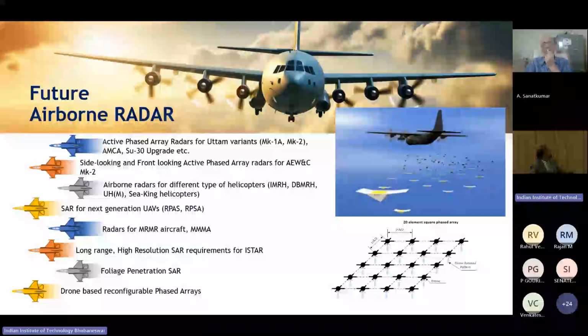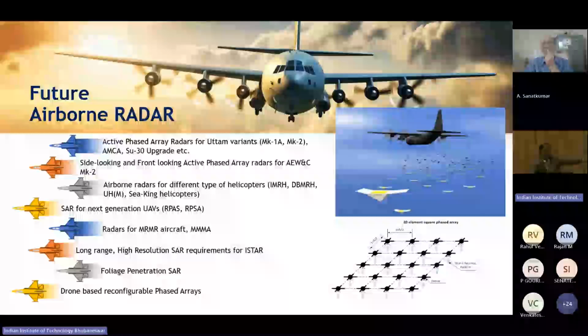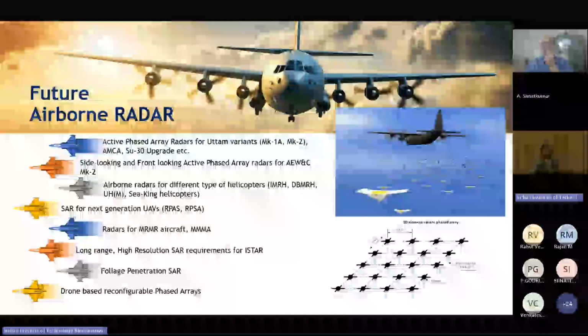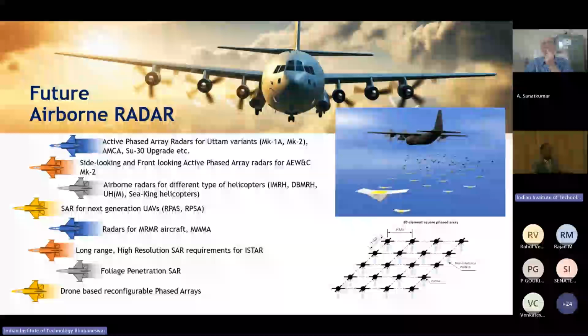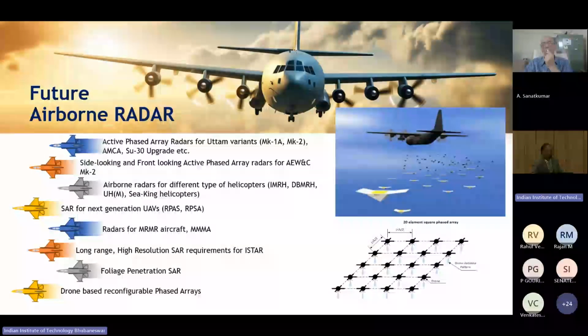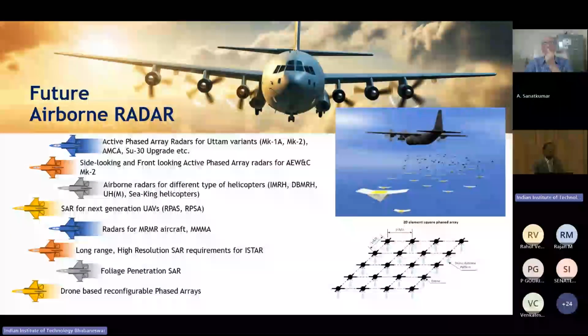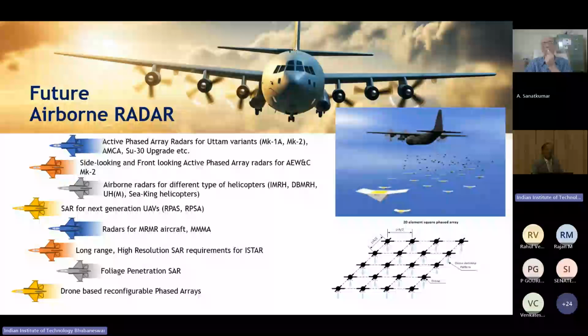Future radars: airborne radars made of drones. This is a very, very critical challenge I have thrown to the academics as well as to the startups. Drones are happening across as kamikaze drones carrying propellants or other devastating payloads. Can you make drones which can form an array in the sky, where each one of them becomes a radar TR module?